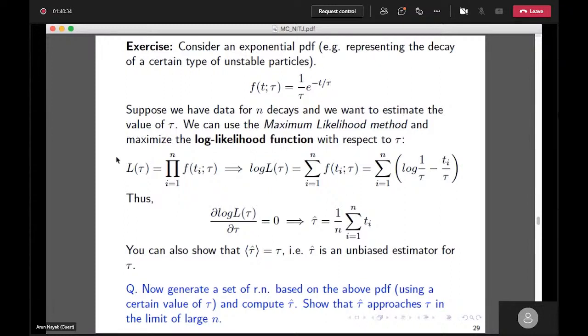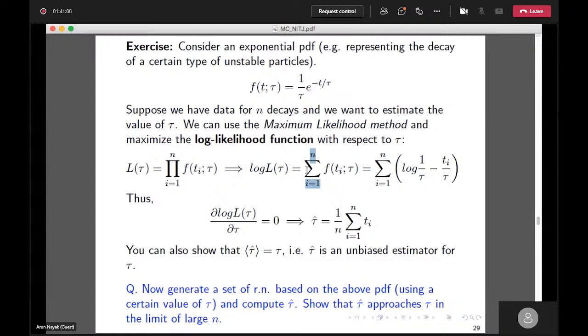So here the likelihood function for tau will be the product of the probabilities for n data points, and then we can take the log of the likelihood, which becomes a sum. So we always maximize the log because the log turns the product into a sum, and maximizing this becomes easier. And the maximum of the log of the likelihood is at the same point as the maximum of the likelihood.